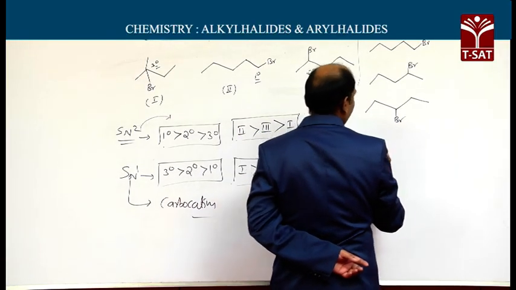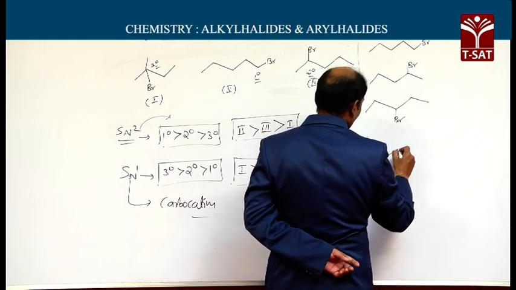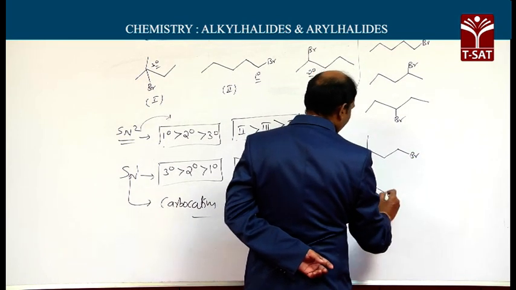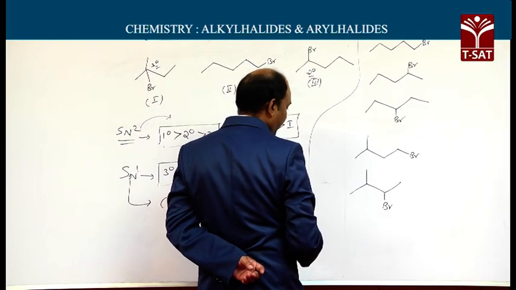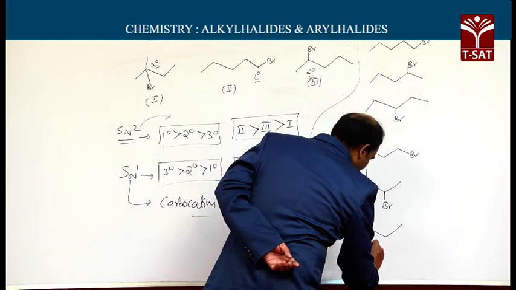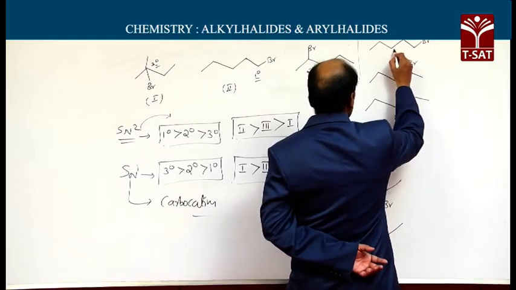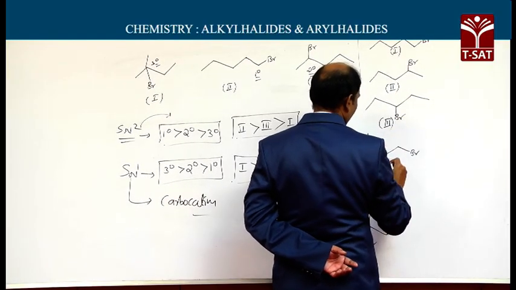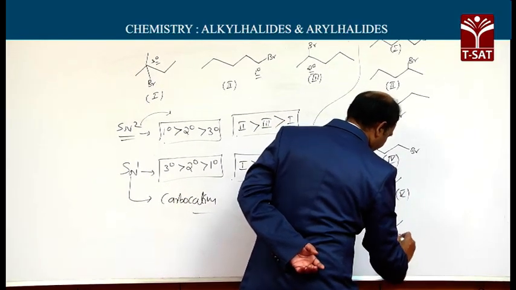Similarly, here is isopentyl bromide, 1, 2, 3, 4, 5, and next this is 2-bromo-2-methylpentane, and next this is tertiary pentyl bromide. This is compound 1, compound 2, compound 3, compound 4, 5, and also 6.